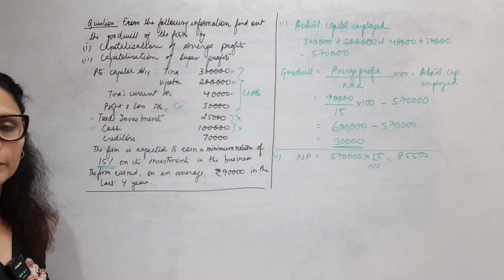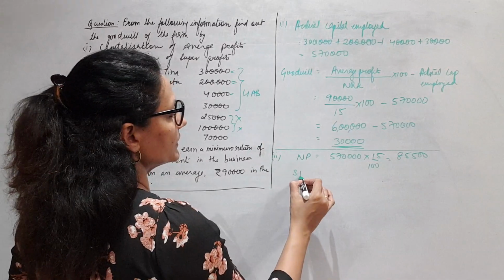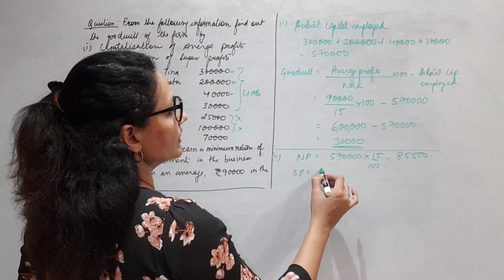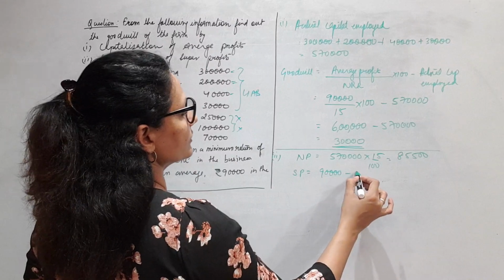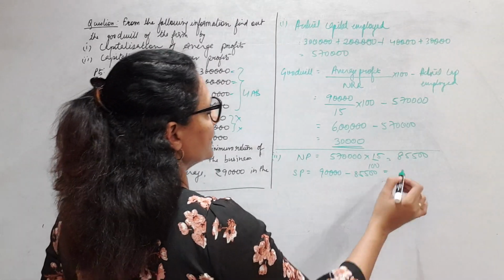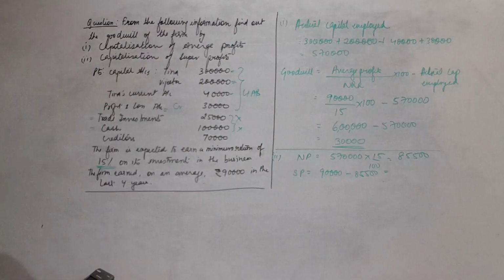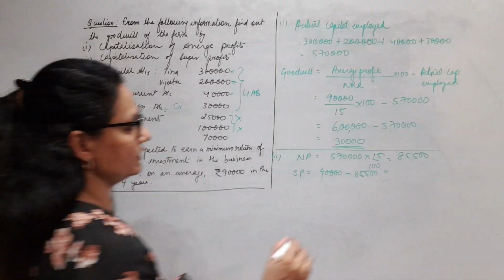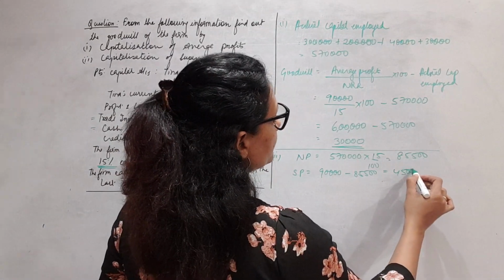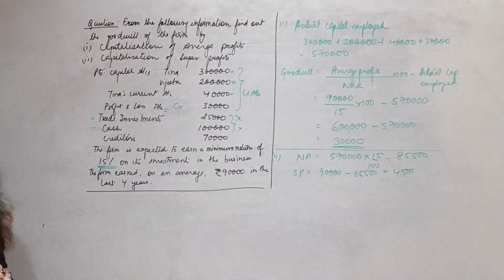This is your normal profit. When I compare that with average profit, 90,000, I get my super profit. So that is 4,500. Super profit is 4,500.